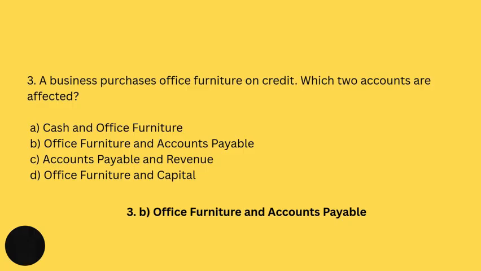Imagine a business that purchases office furniture on credit. This transaction impacts two important accounts. Can anyone guess which ones?